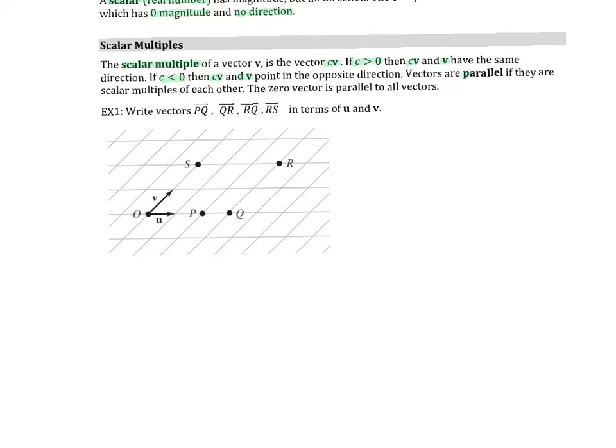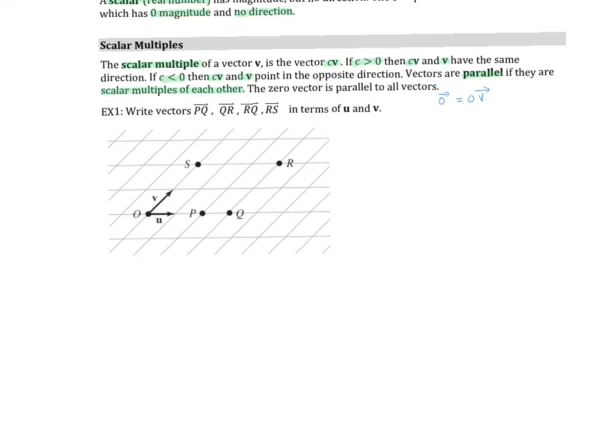So we say vectors are parallel if they are scalar multiples of each other, which means that the zero vector is going to be parallel to all vectors because the zero vector is a scalar multiple. The scalar would be 0 times any vector.